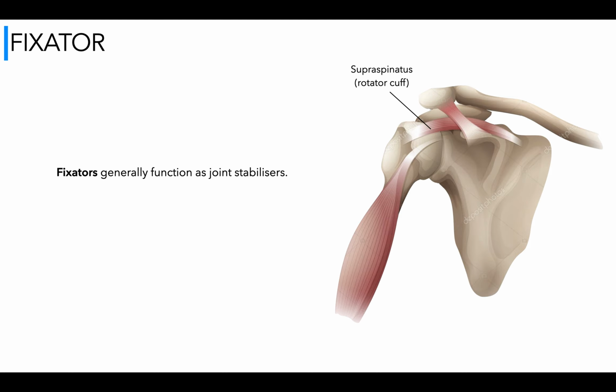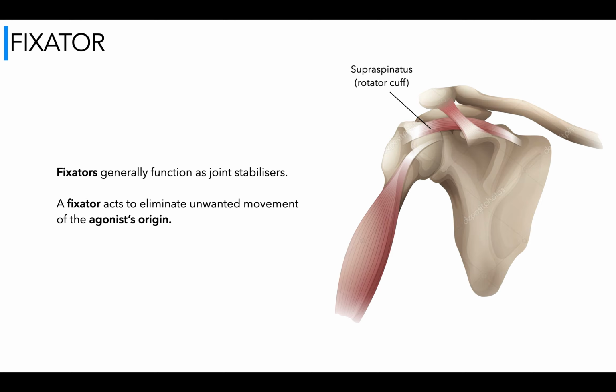And again it is kind of helping the agonist function most effectively. So a bit like I mentioned, the synergist also does this. It stabilizes the joint, but the fixator won't add to the force, it will solely act as a joint stabilizer. So what a fixator is doing is eliminating unwanted movement of the agonist's origin.